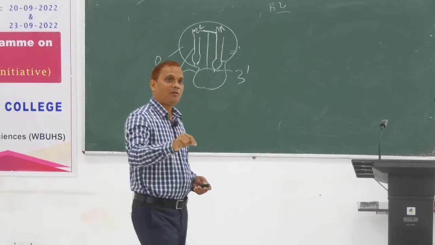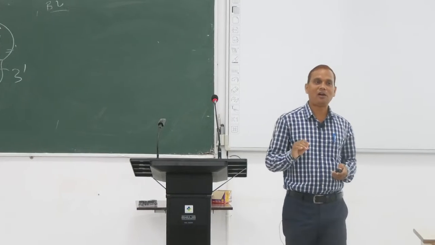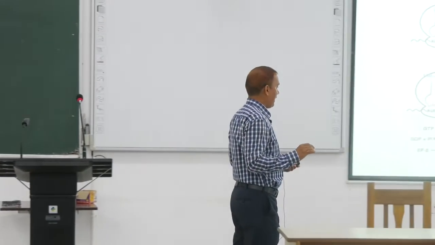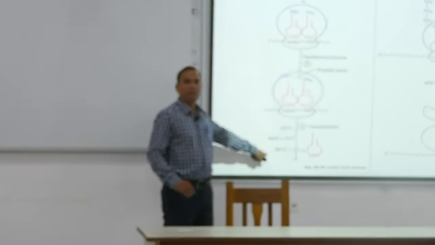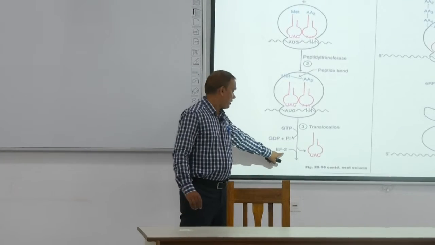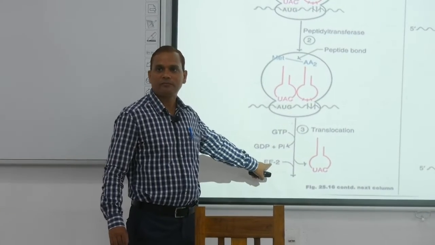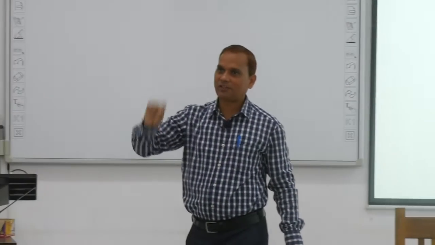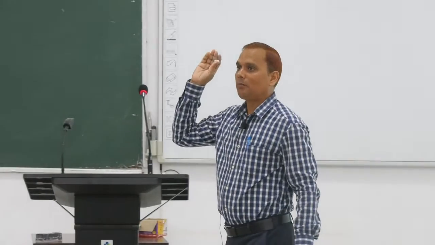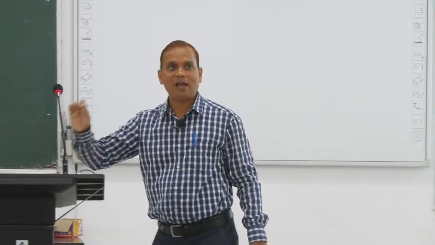One is in prokaryotes, another one is in eukaryotes, and it is dangerous. Here it will block factor 2, because the translocation process, that means transfer from the A site to the P site, will be carried by factor 2.